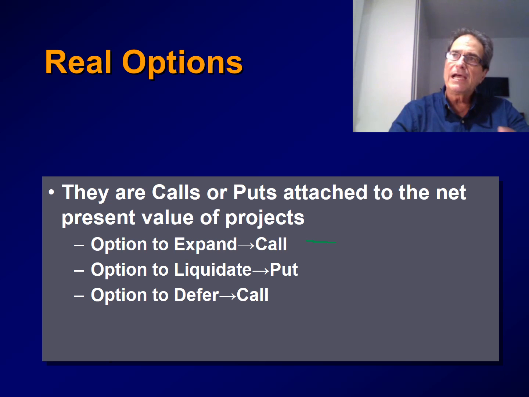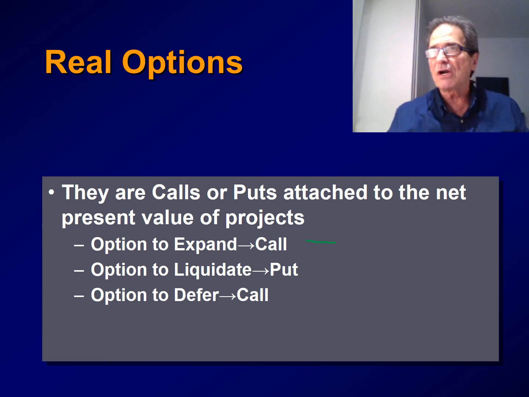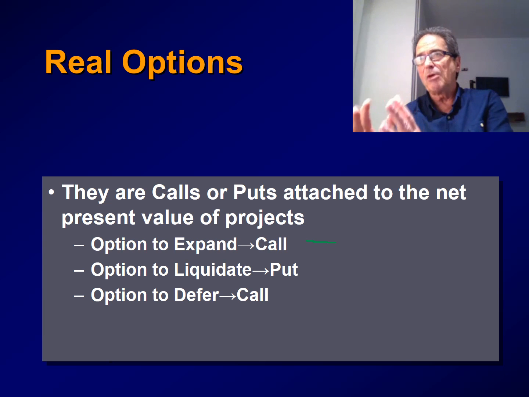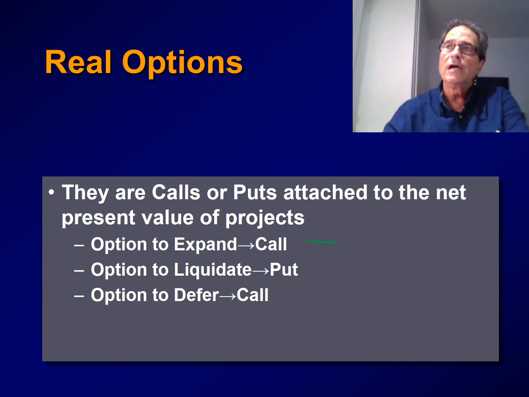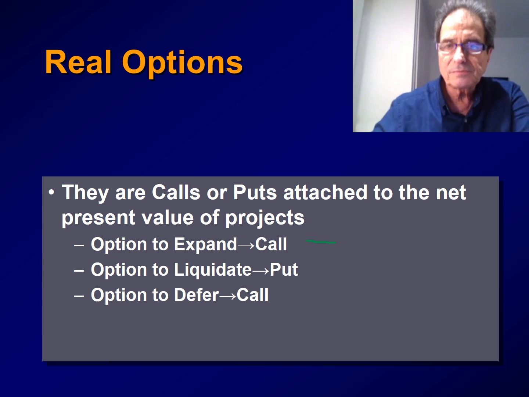And this is similar to a call, because if I decide to exercise my option to expand, I will have to pay some amount of money. I have to invest an additional amount of money at that moment in particular, and it's equivalent to a call because I have to disburse money in order to exercise my call option.